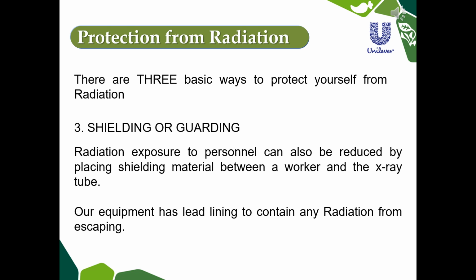There's no way that the radiation or the X-ray can escape the cabinet unless there is a problem with an interlock or an access door or a guard or a viewing window. Once again, employee reporting the problem is the very best way that you can protect yourself and your coworkers from any exposure to radiation from our X-ray equipment.